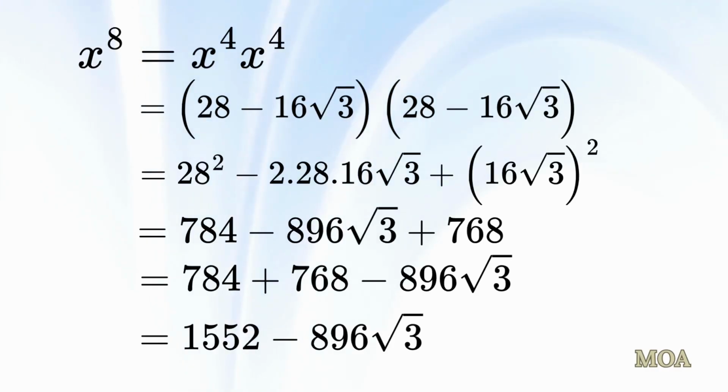Substituting x to the power of 4 equals 28 minus 16 times the square root of 3, we have x to the power of 8 equals 28 minus 16 times the square root of 3, multiplied by 28 minus 16 times the square root of 3. Carrying out the multiplication, this gives x to the power of 8 equals 1,552 minus 896 times the square root of 3.